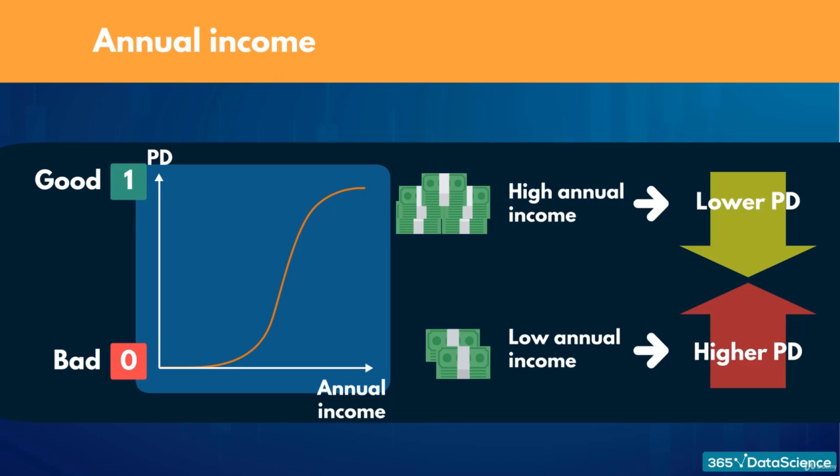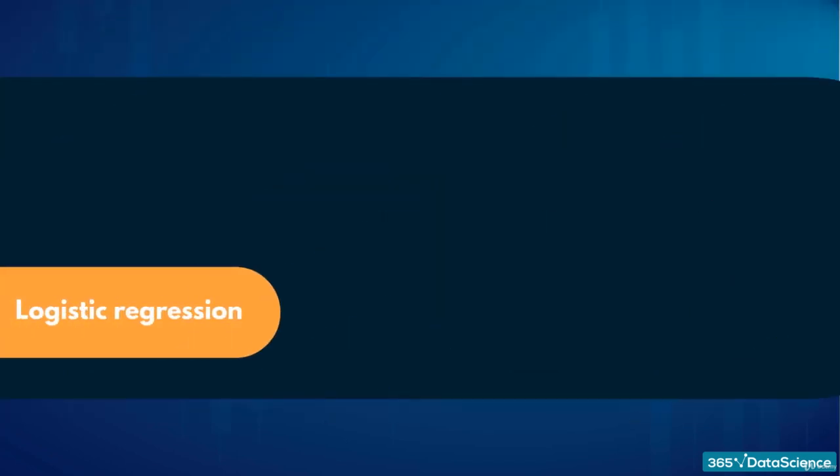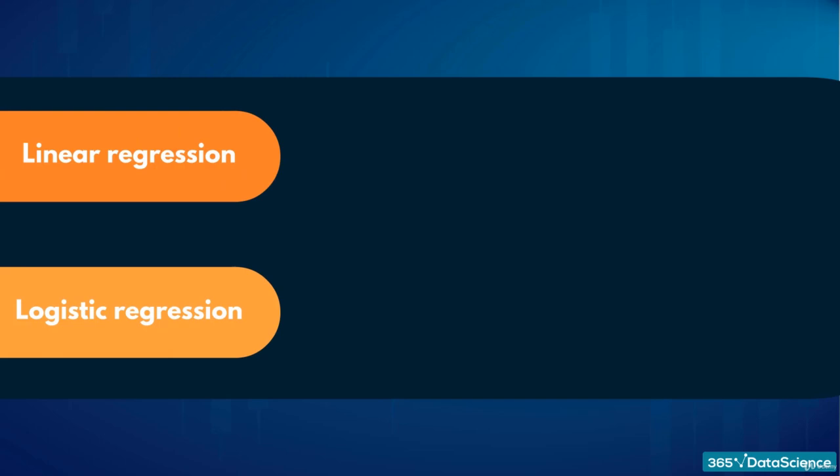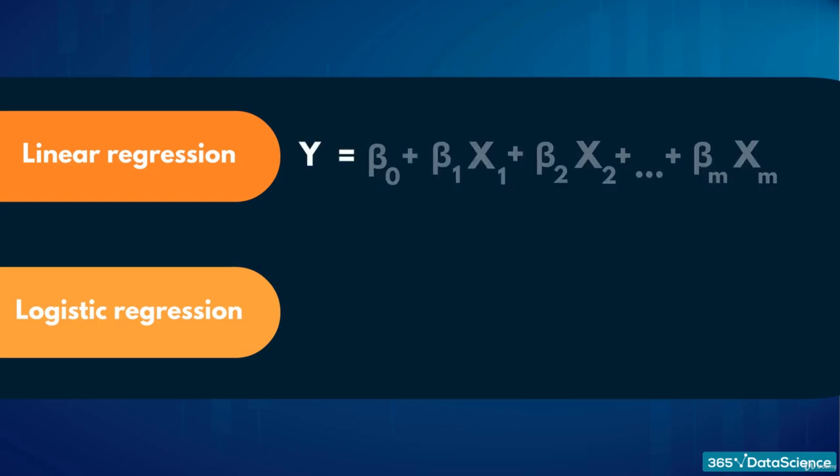Okay, you may have noticed that a logistic regression is similar to linear regression. Speaking in algebraic terms, the linear regression equation looks like this. The dependent variable equals a linear combination of the independent variables plus an error term.